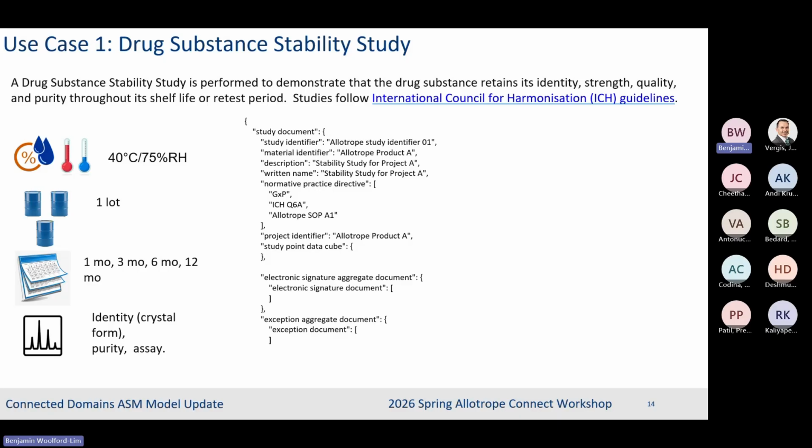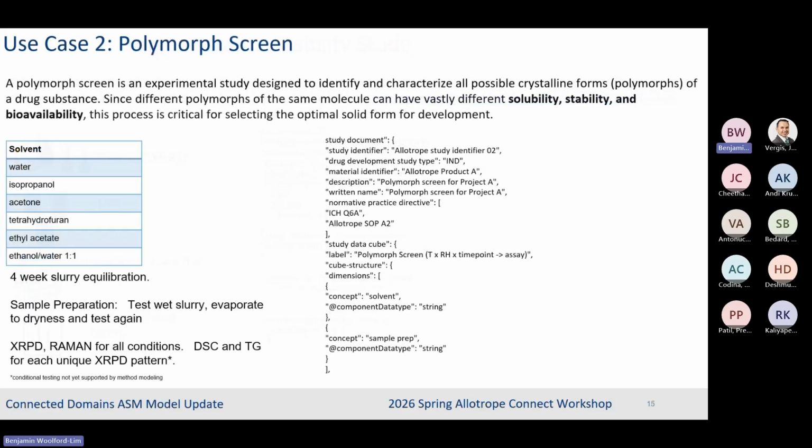And you probably can read it, maybe, but that's just an example snippet out of the ASM. And then we did the same thing with a polymorph screen, a little bit different. For those that aren't familiar, most chemical compounds, small molecules at least, can exist in multiple crystalline forms, and each crystalline form has its own solubility, stability, and bioavailability, even though it's the same molecule.